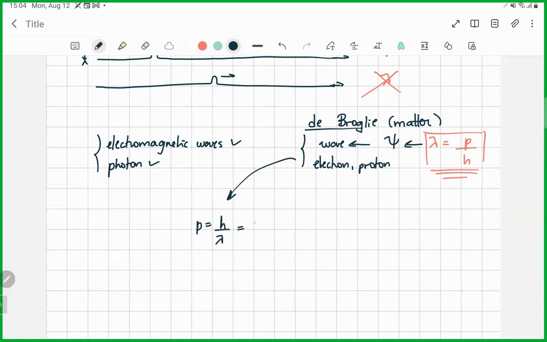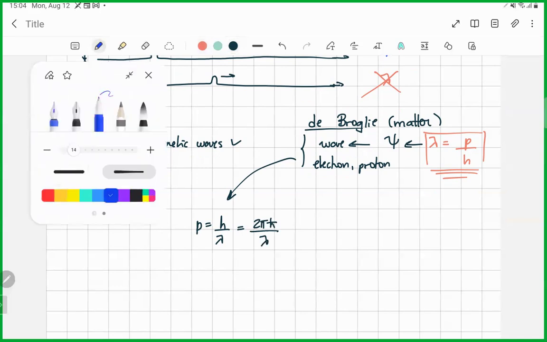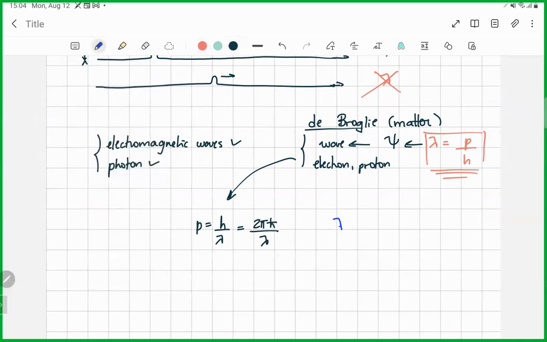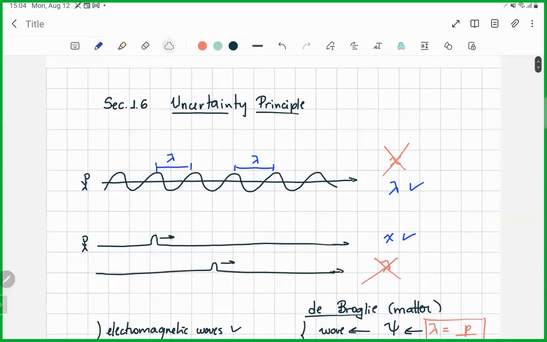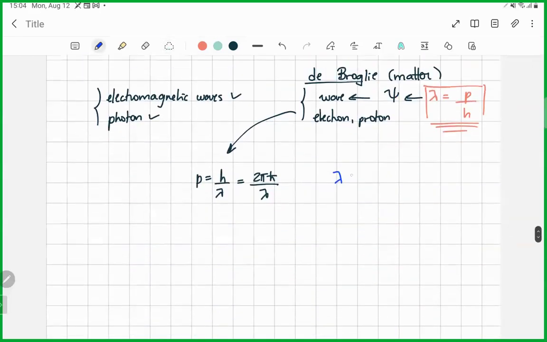I can write it in this way, which means, if we put in blue here, if we know the wavelength exactly, as in this first scenario up here, that means we know momentum very well. But if we know momentum or wavelength, then we don't know position. It doesn't make sense to talk about position.